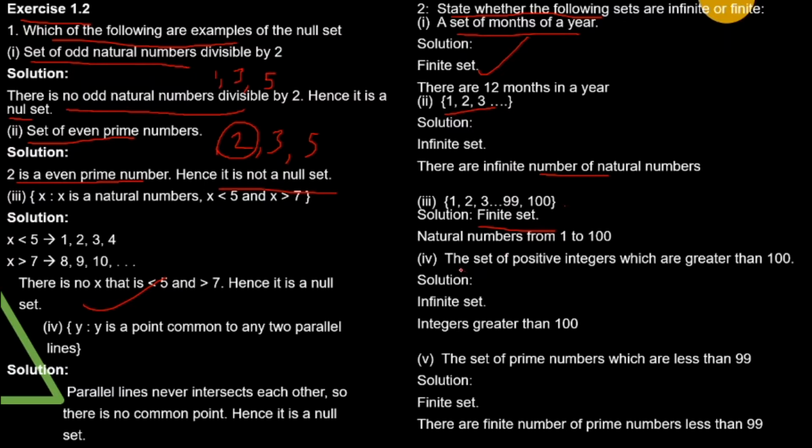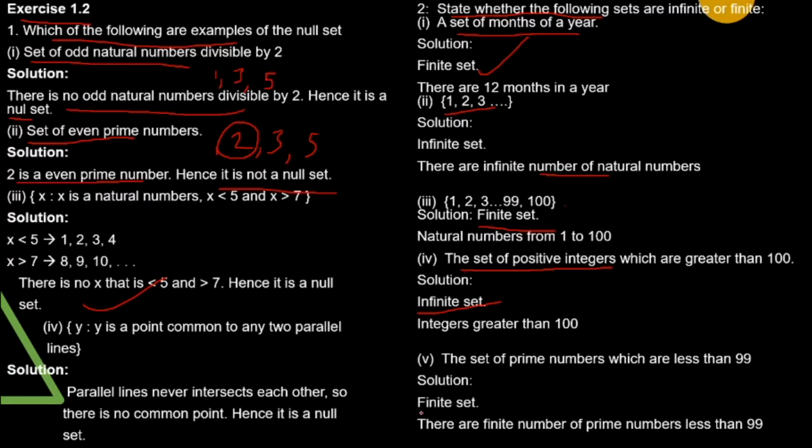Okay. Set of positive integers which are greater than 100. From where it starts then? 101, 102, 103, so on and on and on. So, you can say that it is an infinite set. It does not stop, right? Okay. The set of prime numbers which is less than 99.